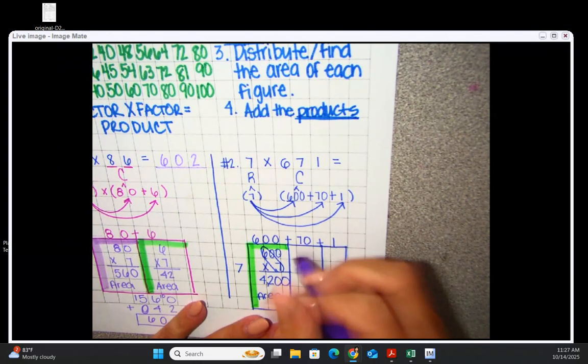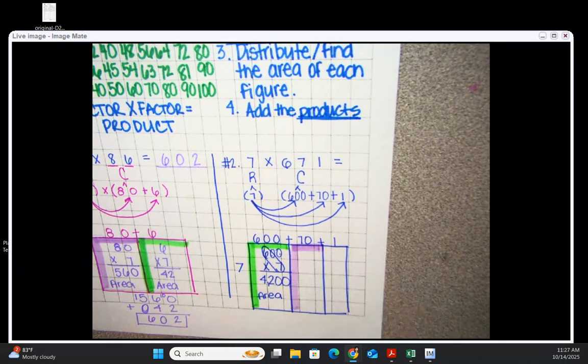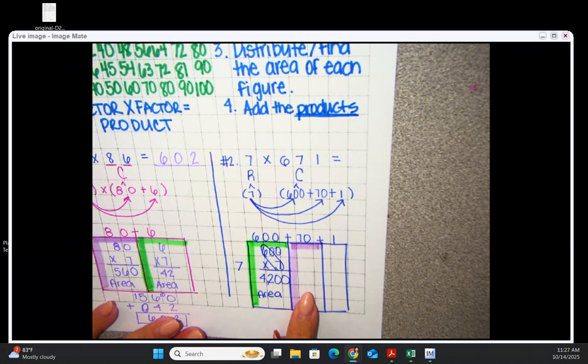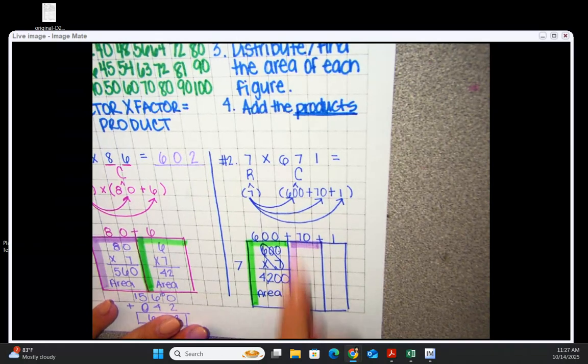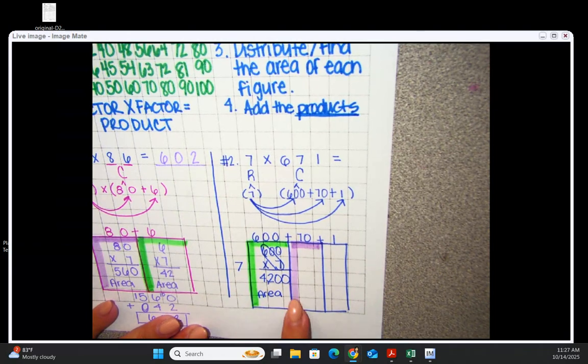Now I want to find the area of this figure. Area equals length times width. So what was my length? Let me see. I don't have a number right here on the side, but I have one right here. And this length is exactly the same as this length.